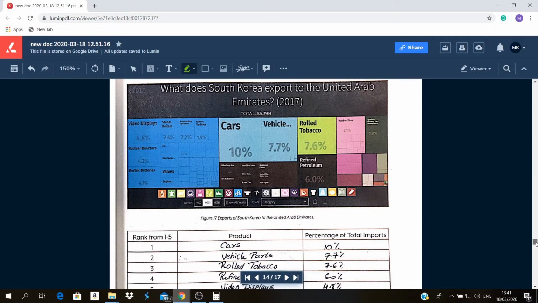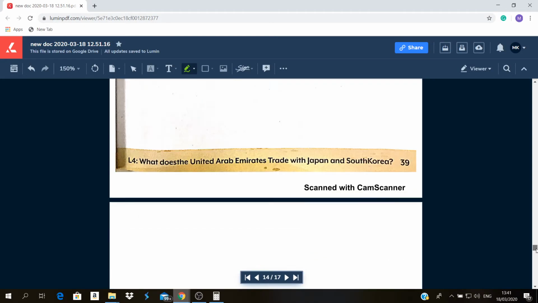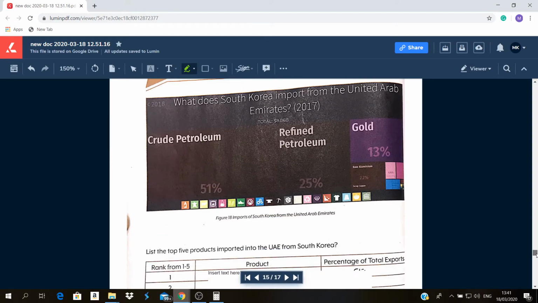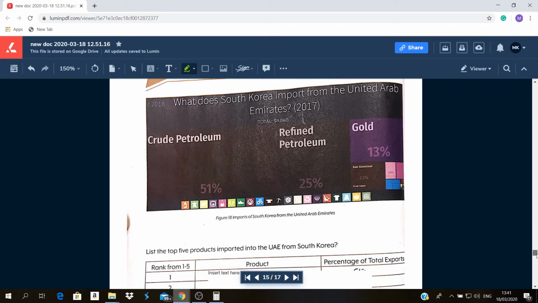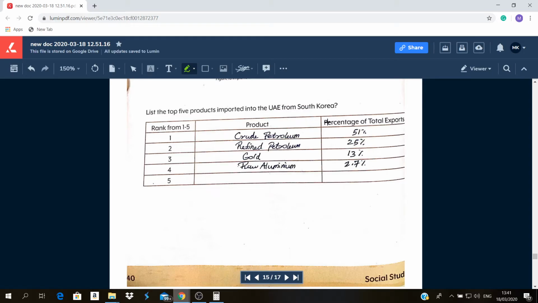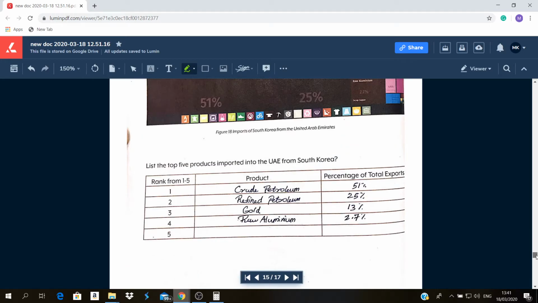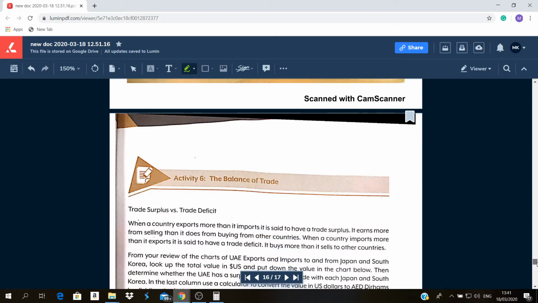Most video displays are made in China, and here we have another one, Korea. Okay. Let's see, what does South Korea import from the UAE? Of course, as usual, crude petroleum 51%, refined petroleum 25%, gold 13%, and raw aluminium 2.7%.